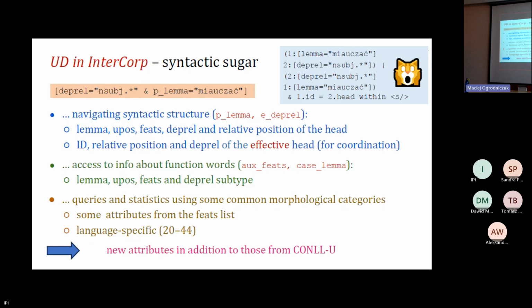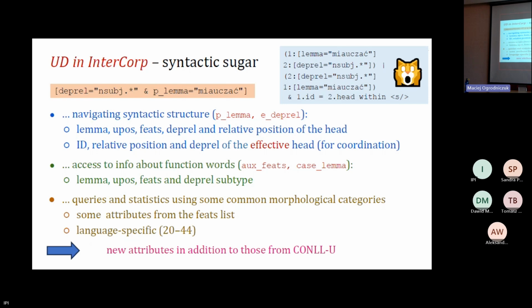So there is this notion of effective head, which bypasses the first conjunct for the second and other conjuncts, and you can use it in queries and in statistics. That will give you more useful information. But you can always use also the fact that it's a second conjunct and its proper head in the annotation is mom.